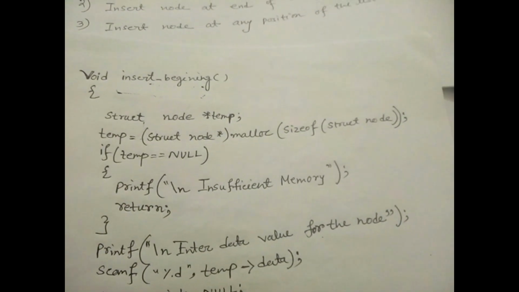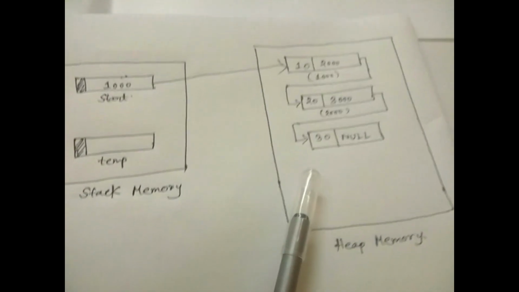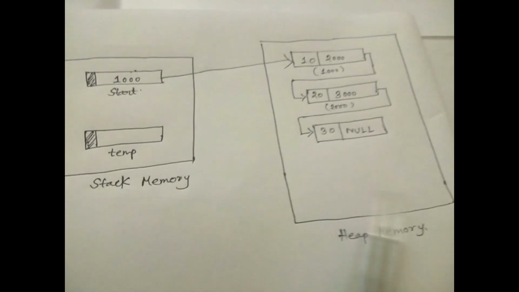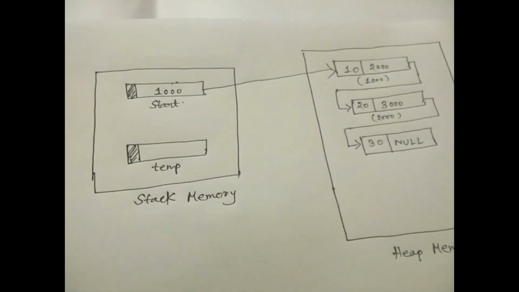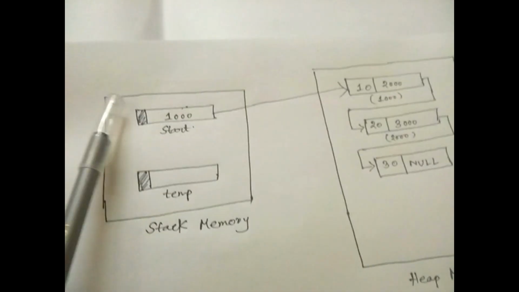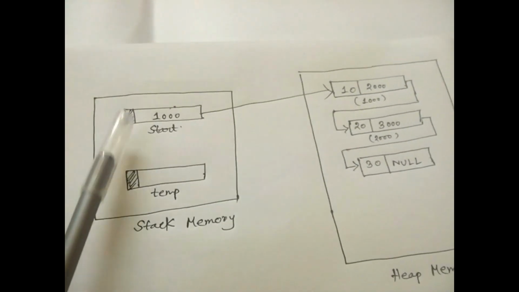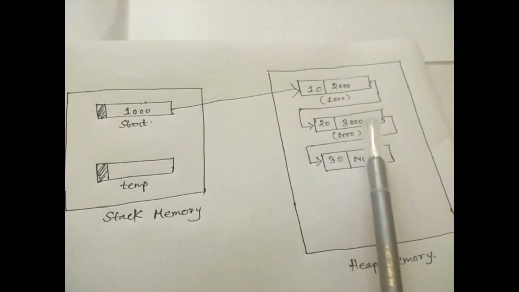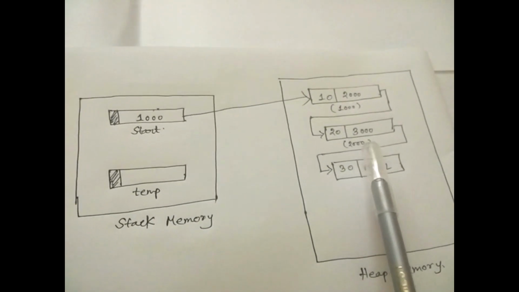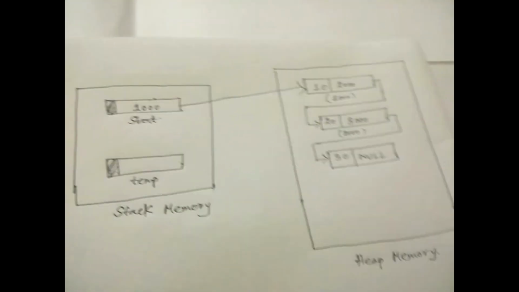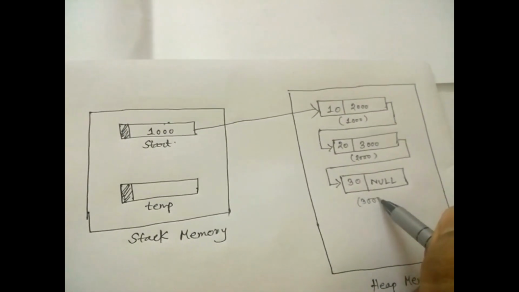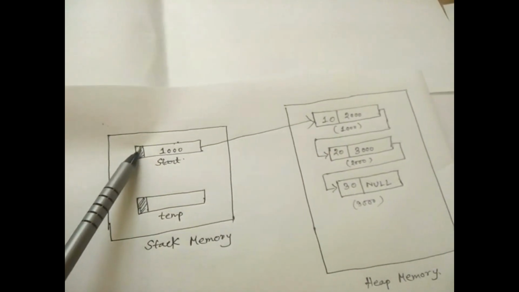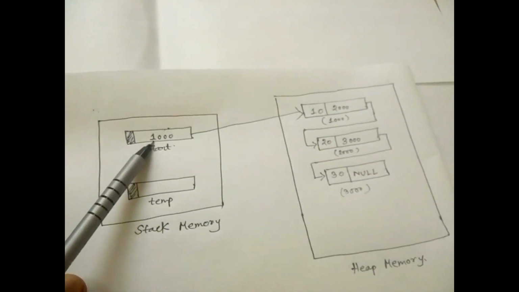Okay, let's take an example. Here is a linked list like this which is present in heap memory, and start is a pointer variable which points to the address of the first node in the list. Suppose the address of the first node is 1000, the address of the second node is 2000, and the address of the third node is 3000. Now start contains the address of the first node, which is 1000.